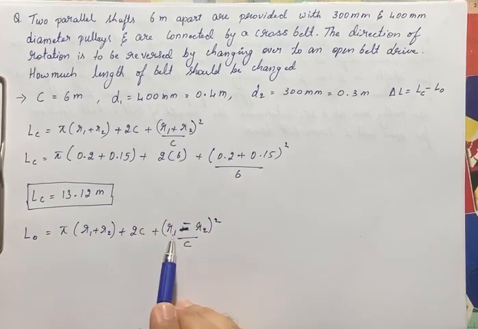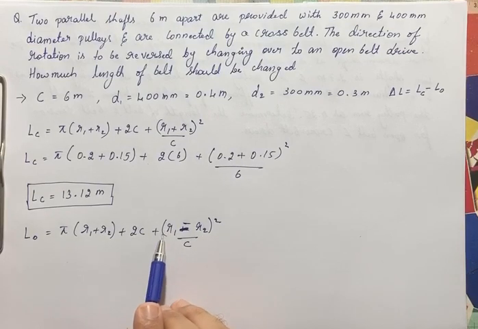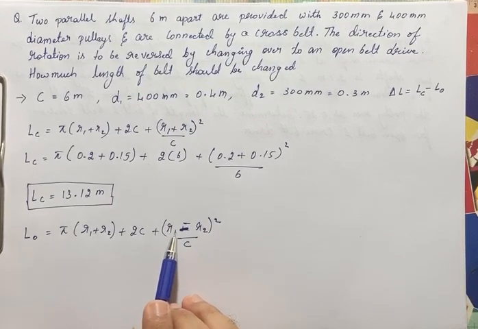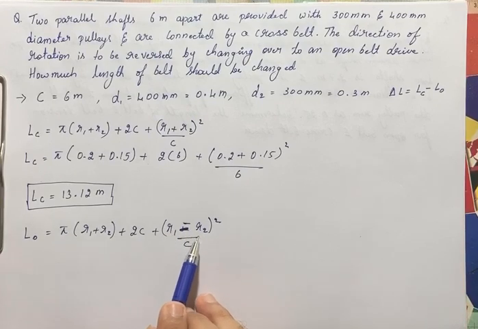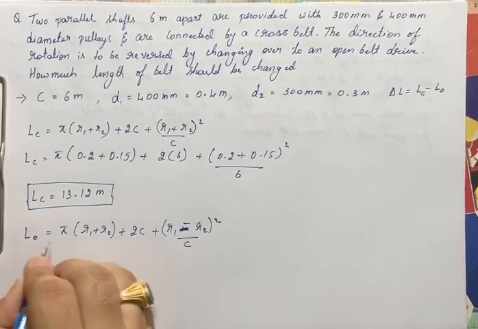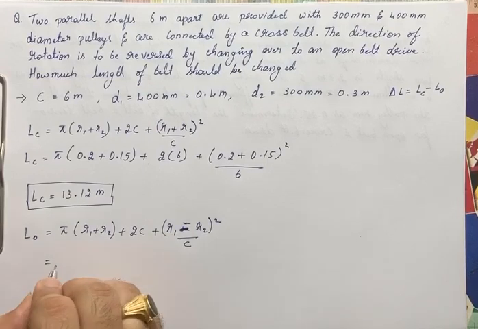Because in this formula we have R1 minus R2, that is the radius of the driver pulley minus the radius of the driven pulley. If you choose R1 as the smaller diameter, this becomes negative, and the square would be a faulty one, so you cannot choose that. So always choose the larger diameter as the diameter of the driver pulley.